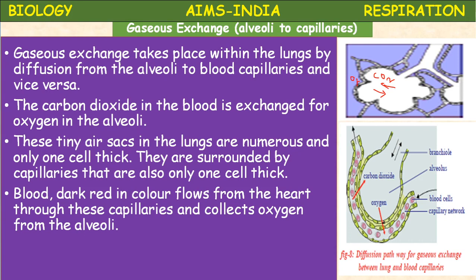The blood, dark red in color, flows from the heart through these capillaries and collects oxygen from the alveoli. Okay, oxygen is collected. So here this is representing the blood capillary, this is the alveoli.